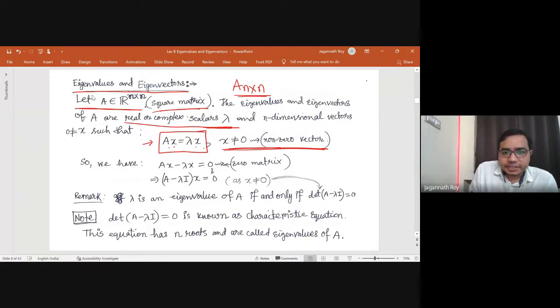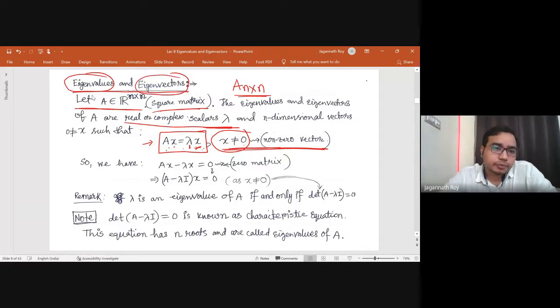So if it satisfies these conditions, x should be non-zero. For a non-zero vector, if we have this equation satisfied, then we call this lambda the eigenvalue, and this particular vector will be called the eigenvector. So whenever you talk about eigenvalue, you will always have to think that they come together, like twin siblings.